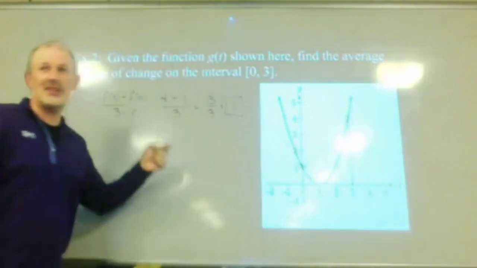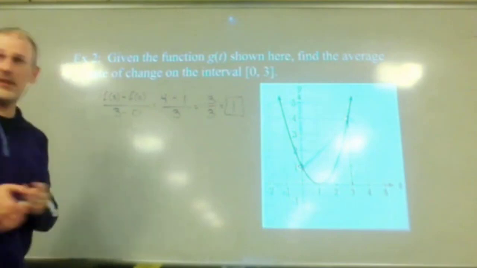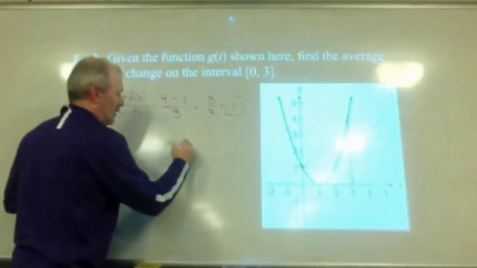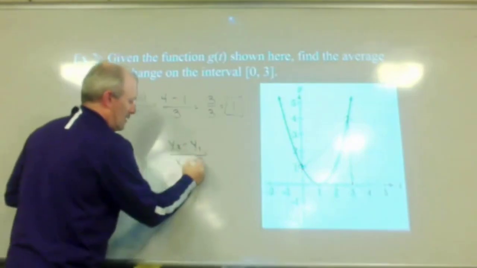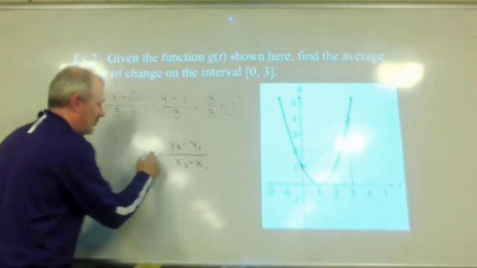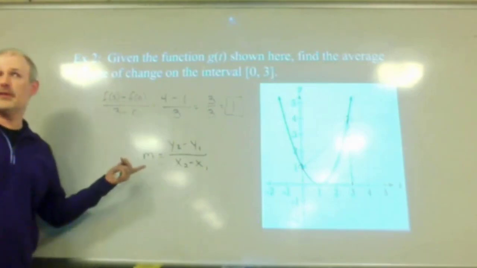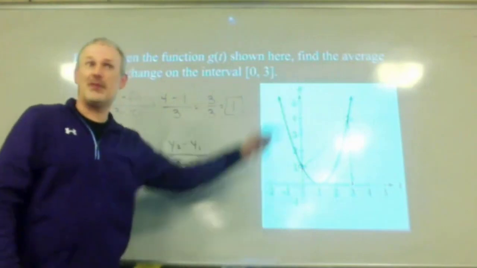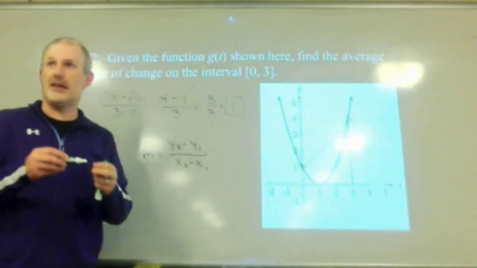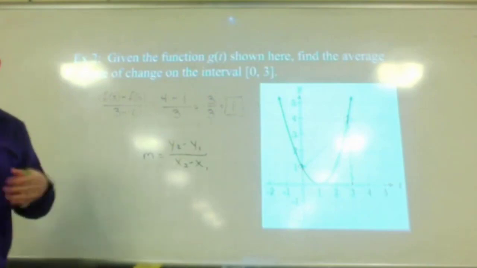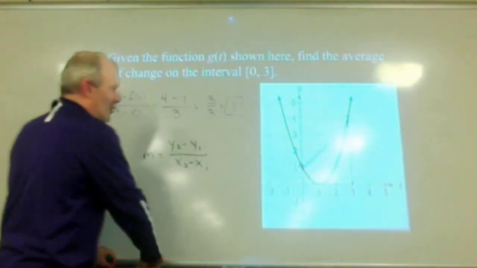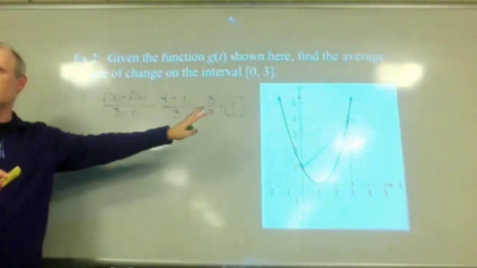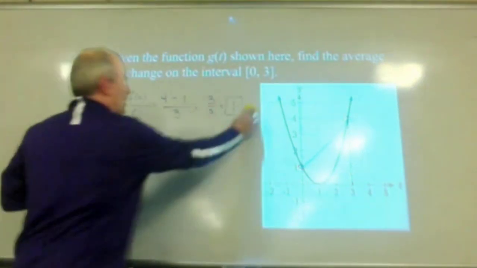The average rate of change, if you remember that formula, y2 minus y1 over x2 minus x1. You may have seen that formula before because it's the formula for slope. If you connect that with a straight line between those 2 points, it's the slope of that line. You don't have to necessarily worry about that. It's just to keep in mind for the future or to connect it to something you've already done in the past. Are we okay with that being 1 though? Does that make sense how we do that? All right.